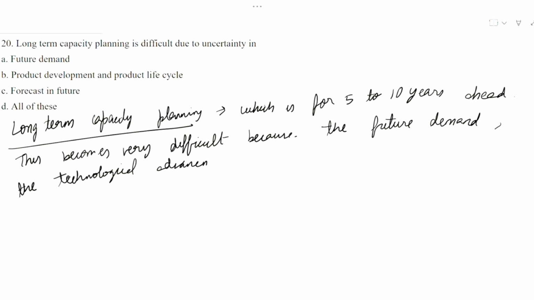We have to forecast about the future demand, technological development, and forecast for a future in future will be very difficult.